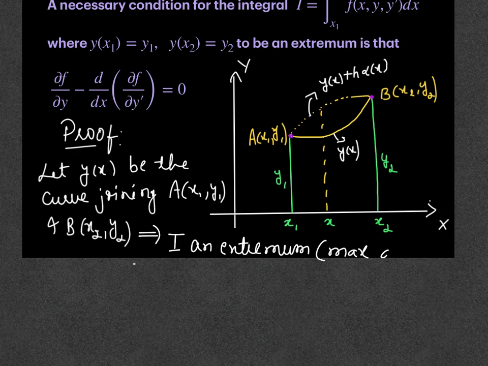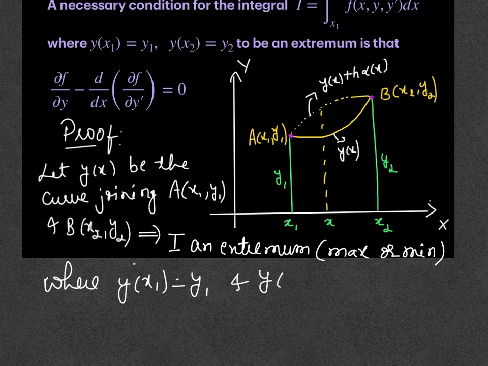Extremum means maximum or minimum. You can also call it an optimization problem, where y of x1 is equal to y1 and y of x2 is equal to y2. So accordingly, we prepared the diagram.